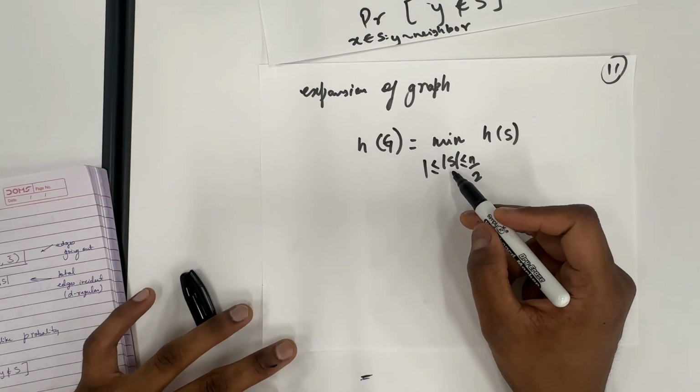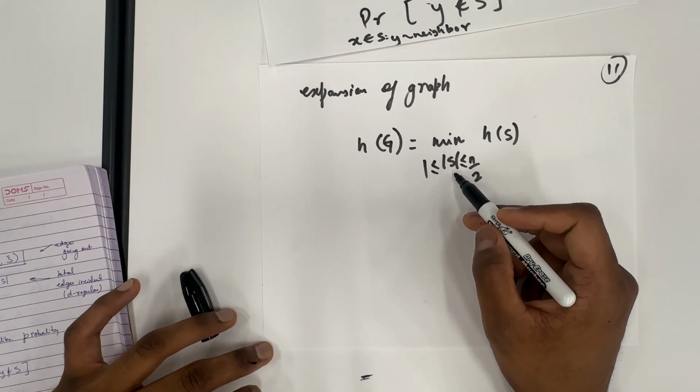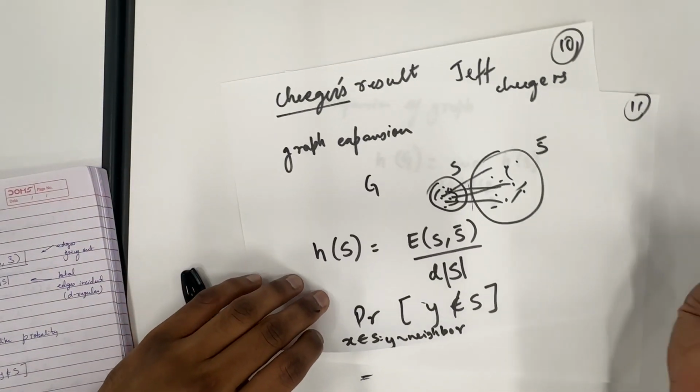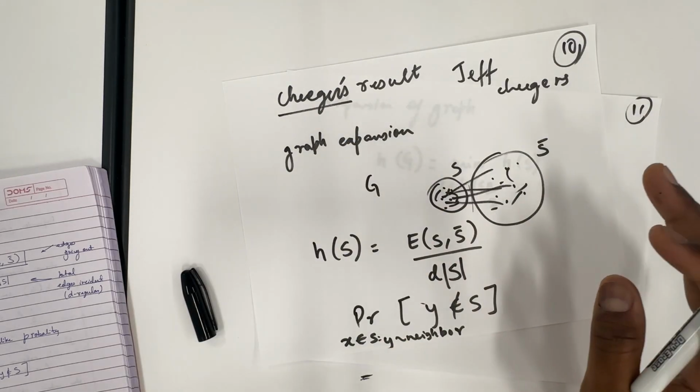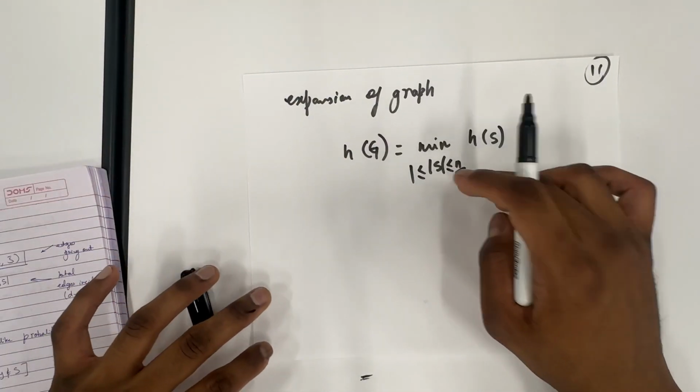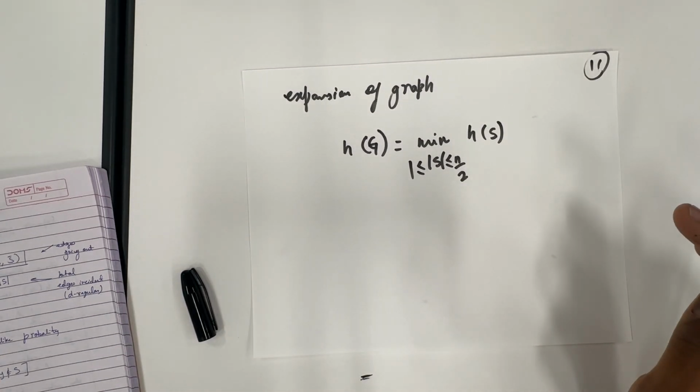I also wrote that the cardinality of this set is at most n over 2. It's an okay thing to assume because whenever I split my graph into 2 sets, one of them is going to be the smaller one, so I am only going to look at the smaller ones.